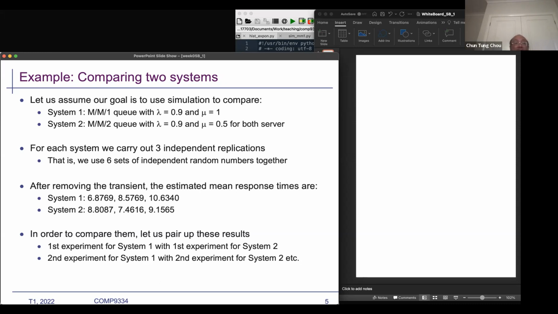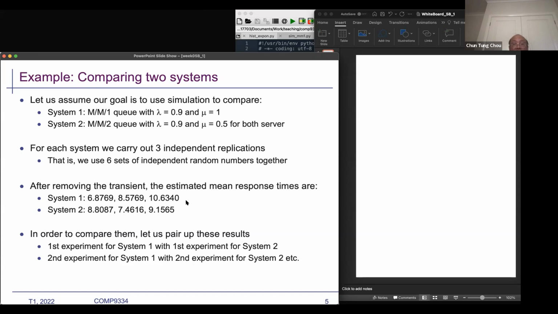Now, in order to compare them, we are going to pair them up. We take the first experiment from system 1 and the first experiment from system 2, and pair up these 2 numbers. Next, I pair up these 2; they both come from the second experiments for the 2 systems. And then I pair these 2.